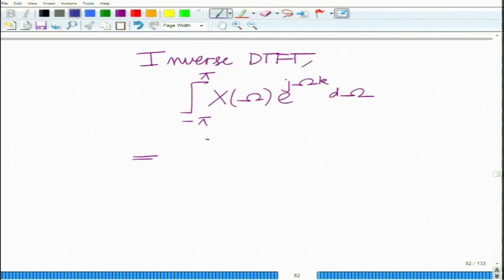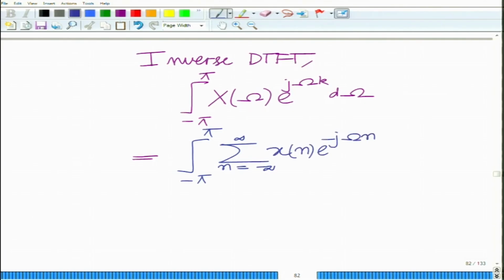I can simplify this as integral minus pi to pi, substitute the expression of X(omega), that is summation n equals minus infinity to infinity x[n] e raised to minus j omega n, into e raised to j omega k d omega.